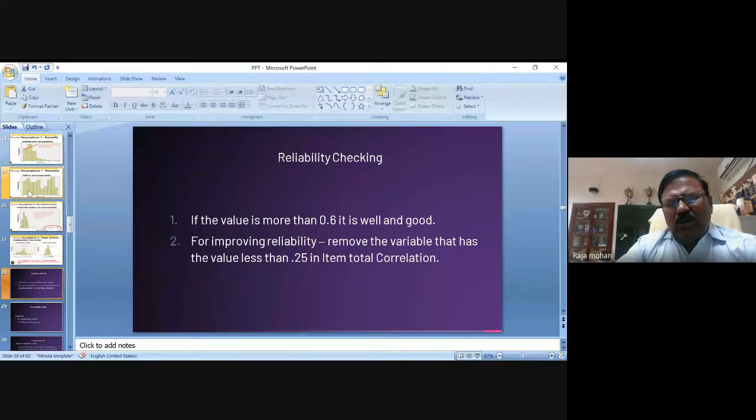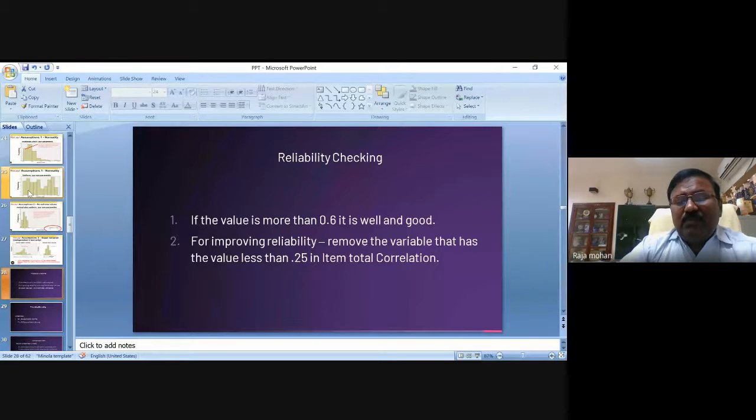Now we feed the data to the computer, and we can assess the reliability and validity. Once there is no reliability, we have the Cronbach's alpha test. By using that, we can assess the reliability. The majority of us use that, and people used to say that the value should be more than 0.6.